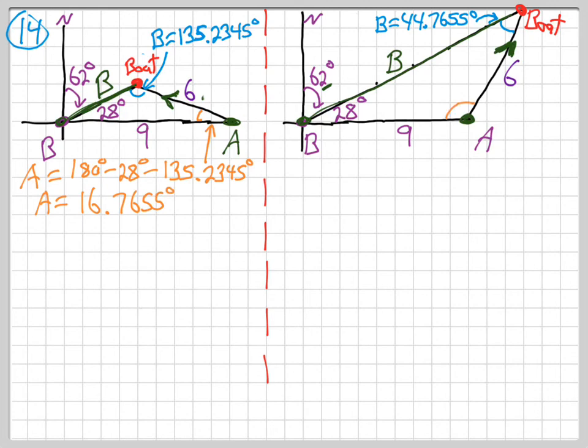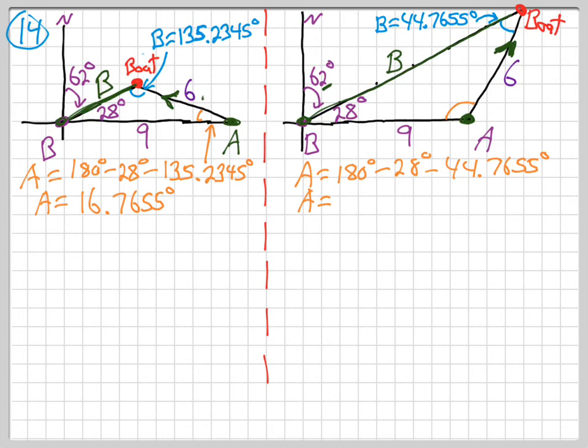And over here, angle A is going to be bigger. It's going to be, again, 180 minus 28 minus 44.7655 degrees.